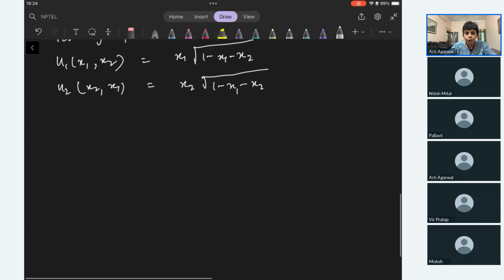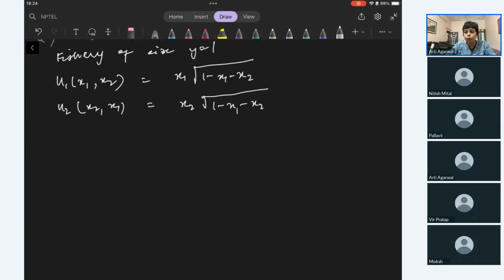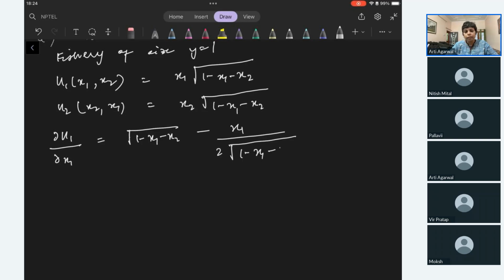Again, what are we going to do? Now we'll again want to maximize u1 with respect to x1 and u2 with respect to x2. So we'll take a partial derivative as before, del u1 by del x1. Now this is 1 minus x1 minus x2 minus 1 by 2 under root of 1 minus x1 minus x2, right?